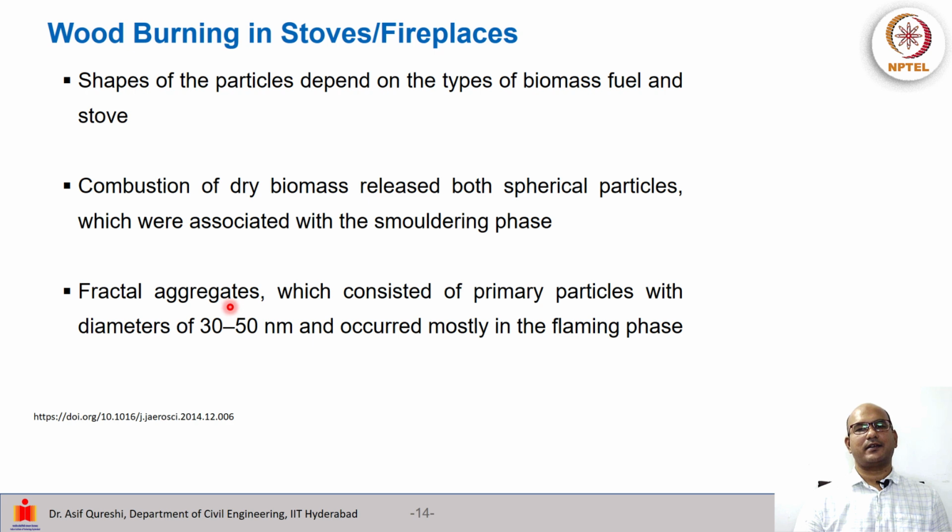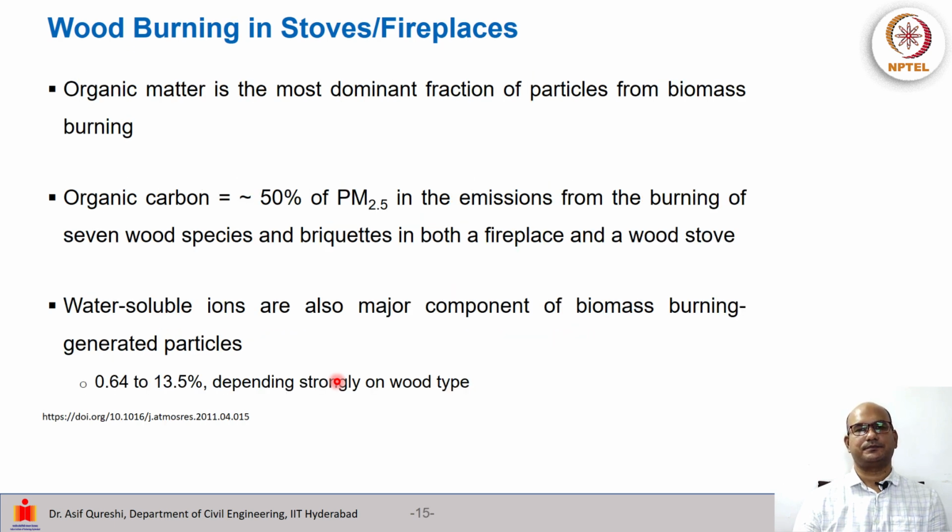However, fractal aggregates, which consisted of primary particles with diameters around 30 to 50 nanometers, that is 0.03 micrometer to 0.05 micrometer, occurred mostly in the flaming phase. So again, phase is influencing not only the size distribution but also the shape of the particles.